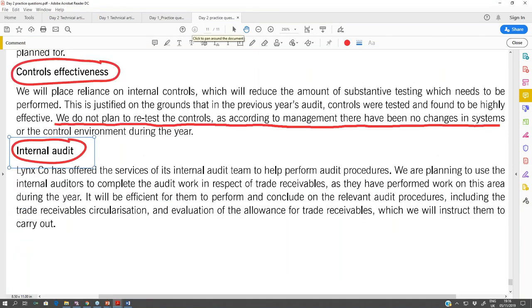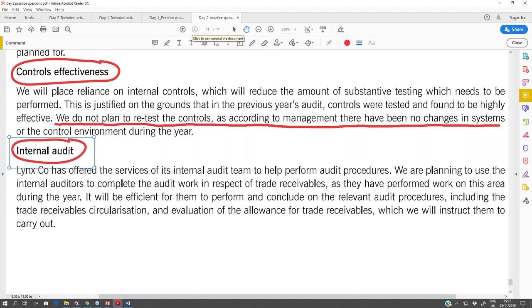I'm reading the paragraph on internal audit. Link's company has offered the service of the internal audit team to help perform audit procedures. Can we rely on the services of the internal audit team as auditors without verifying the internal auditor's independence, competence, experience? Look at the first line. It says Link's company has offered the service of its internal audit team to help perform audit procedures.